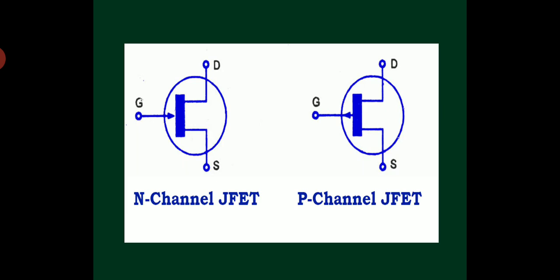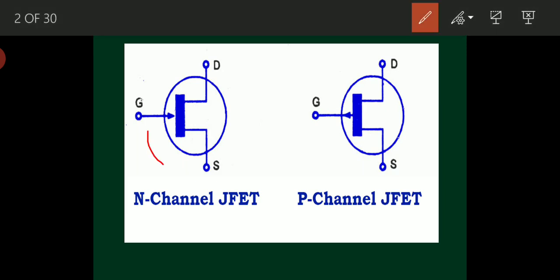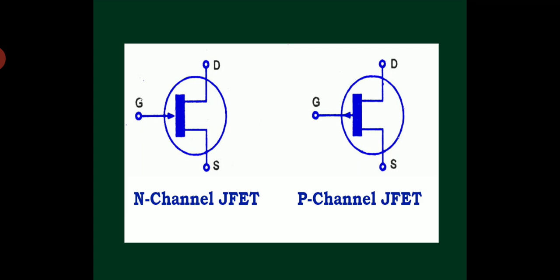So if I apply voltage between gate and source, either for N-channel or for P-channel, the voltage applied at gate to source will affect the current flow through the JFET, through the field effect transistor. So it is a voltage control device, right?